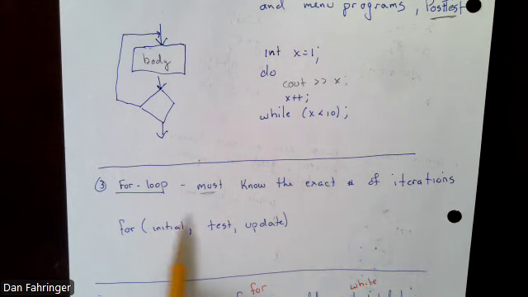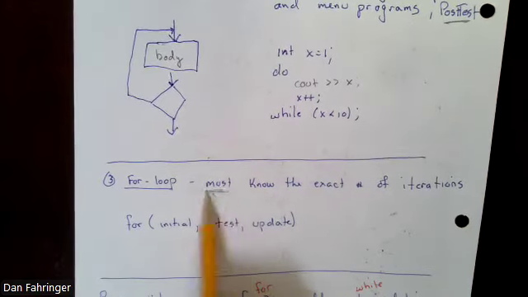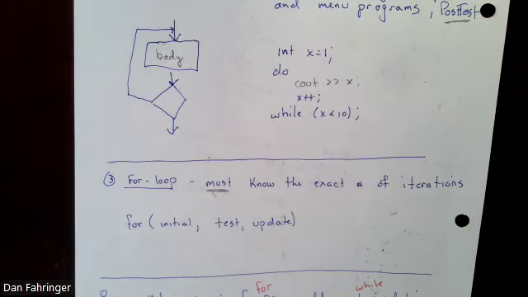We have an initial value, we have the test, we have the update. But we must know the number of times we want this program to run. I went kind of quick there, but you got the idea. I am putting you in groups today.